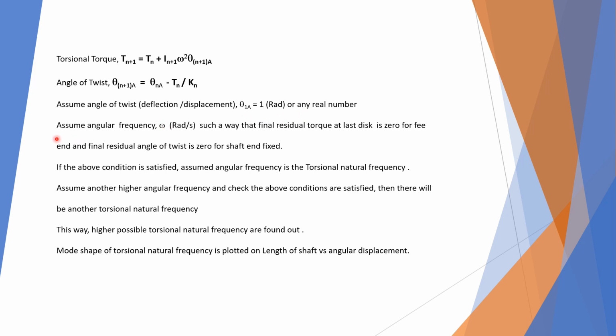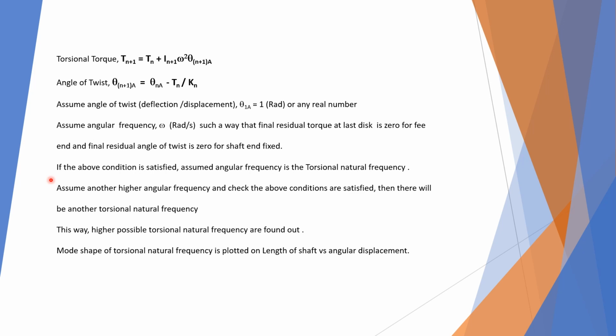Assume angular frequency omega such that the final residual torque at the last disk is 0 for a free end shaft and the final residual angle of twist is 0 for a fixed shaft end. If the above condition is satisfied, the assumed angular frequency is the torsion natural frequency.